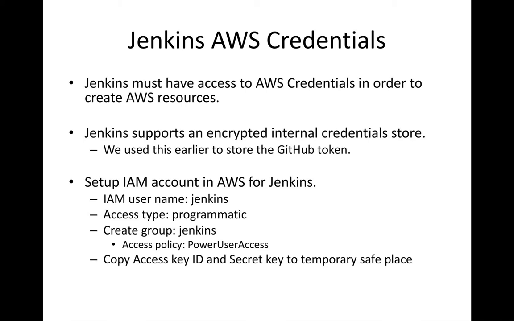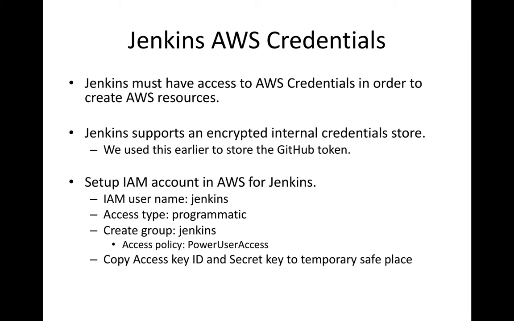Now, one thing that you need to keep in mind is that if Jenkins is going to build AWS infrastructure, then it needs access to the AWS API. And in order to access the API, it's going to need AWS credentials, right? So we need to set up an account that Jenkins will use within our AWS account.